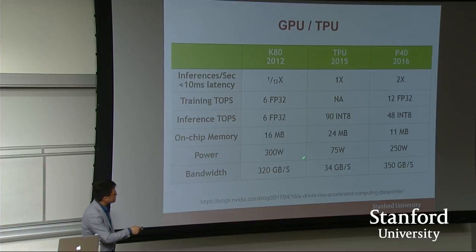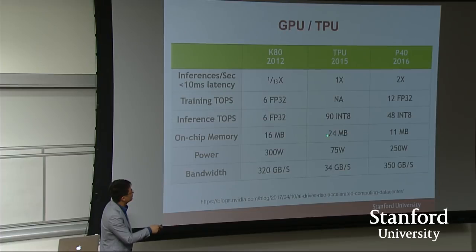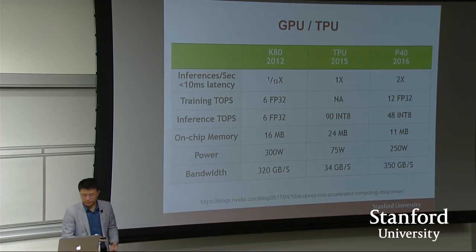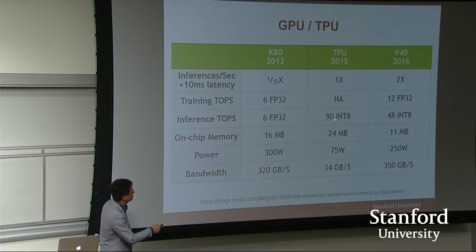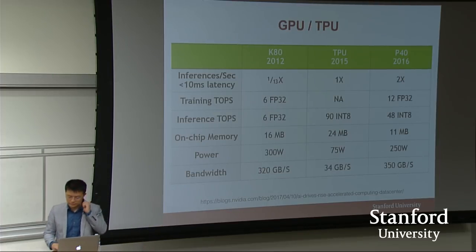The TPU has lower power consumption, and has larger on-chip memory of 24 megabytes, a really large on-chip SRAM managed by the software. Both of them support int8 operations, while for inferences per second given a 10 nanosecond latency, the comparison for TPU is 1x, for the P40 is about 2x.